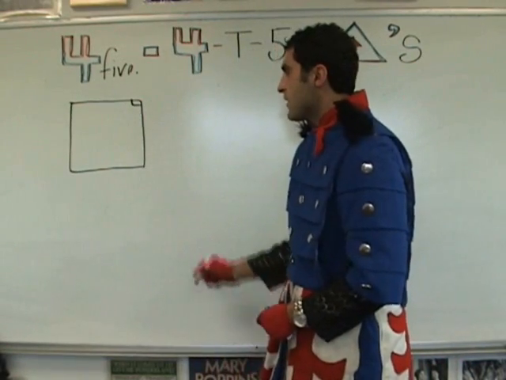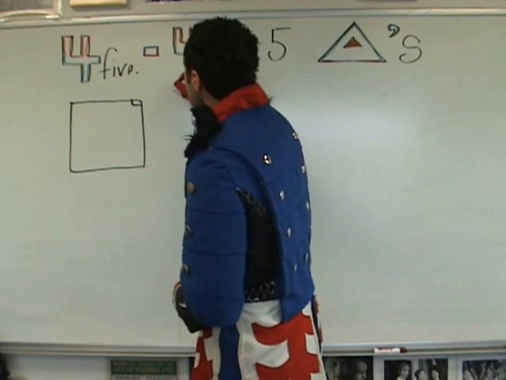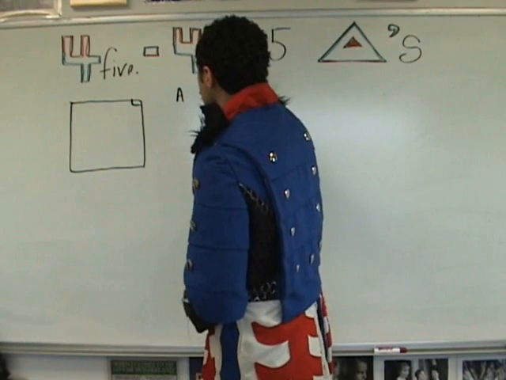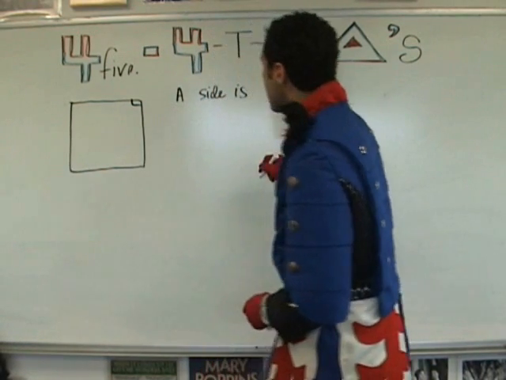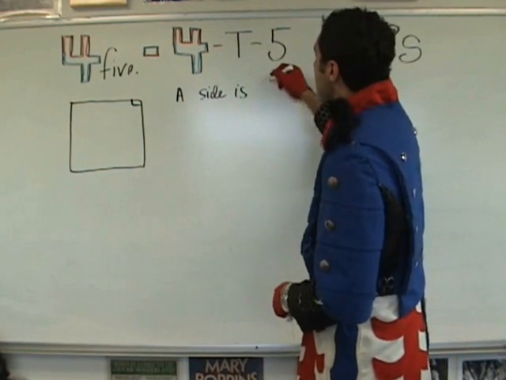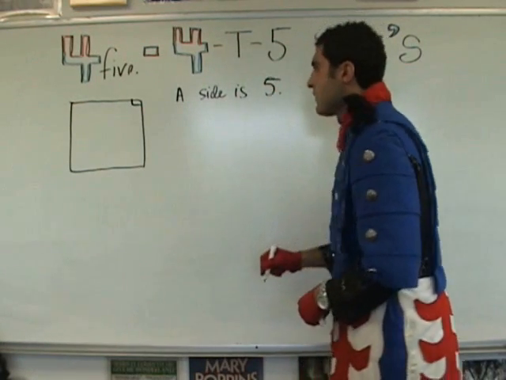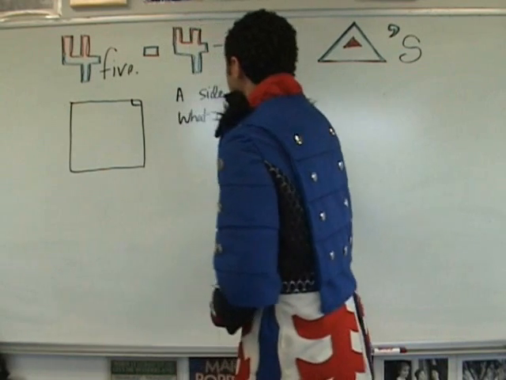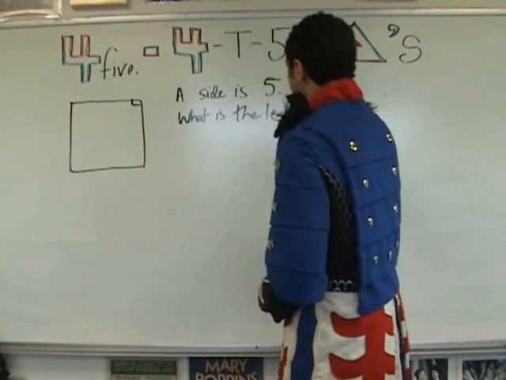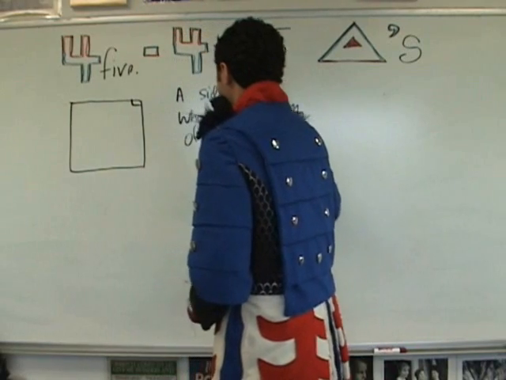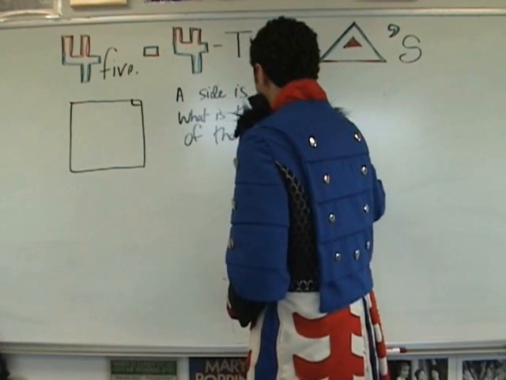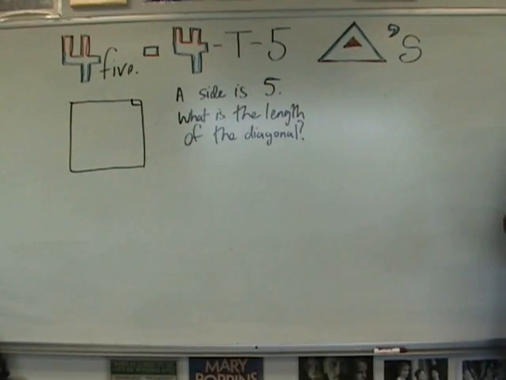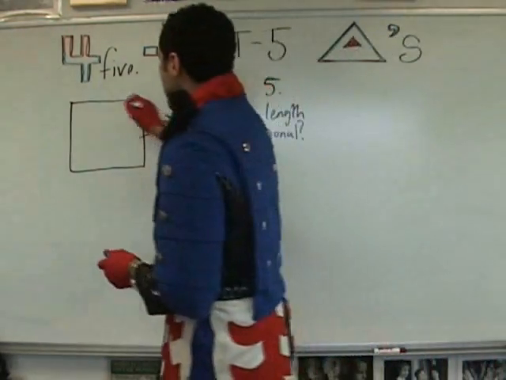If this is a square, and I said a side is 5, what is the length of the diagonal? So this is given as a square.